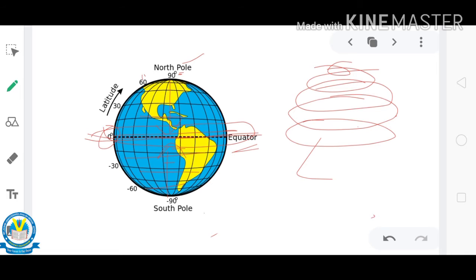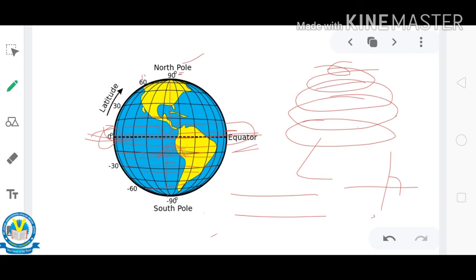Latitudes are called parallel lines because they are parallel to each other. This circle is parallel to this circle, so these two lines are parallel, while these two lines are perpendicular, as we already know from our math sessions.